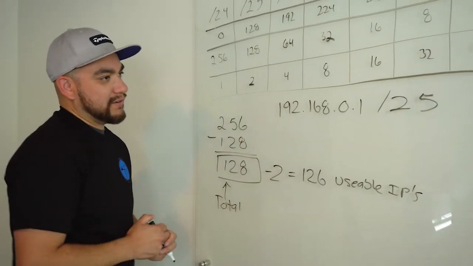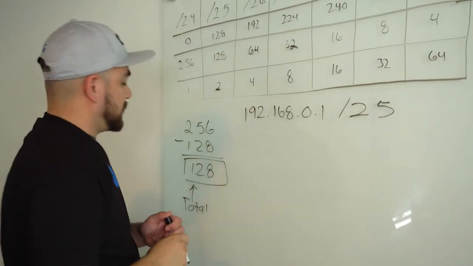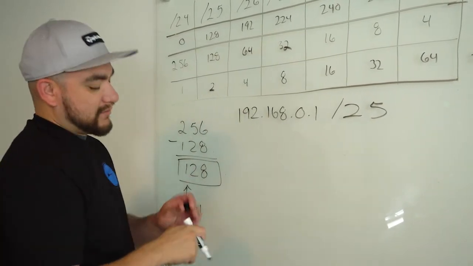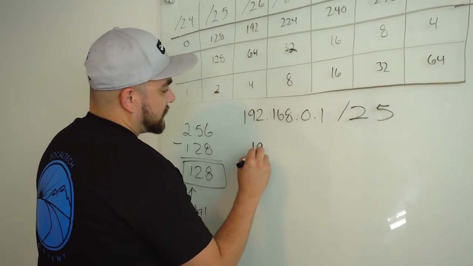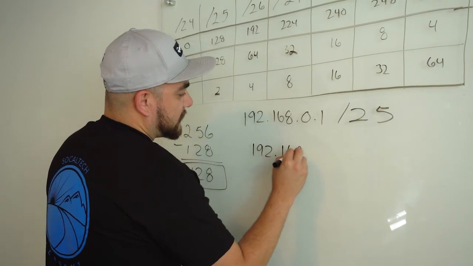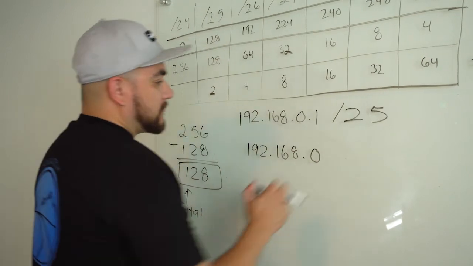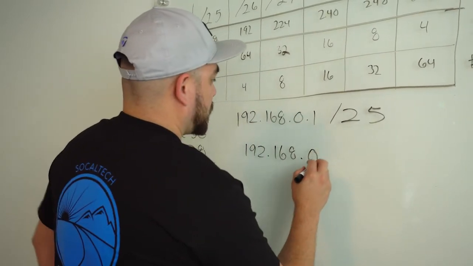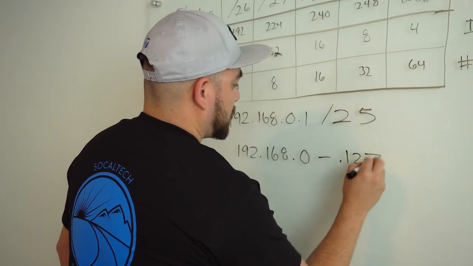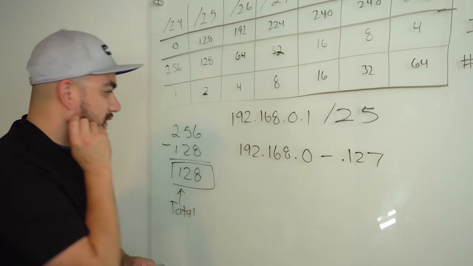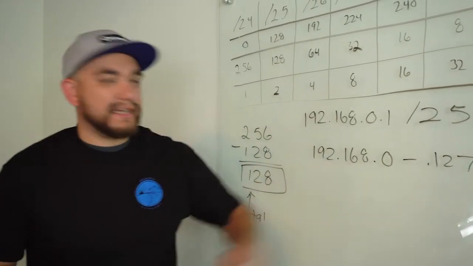Now, let's figure out what the range is for this particular subnet. So we go 192.168.0.0 to .127. Okay. Now you're going to say, how come you didn't put 128 here?